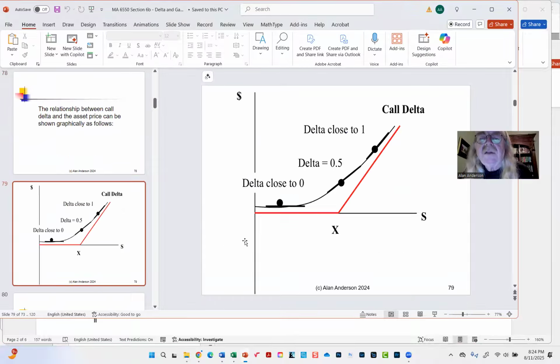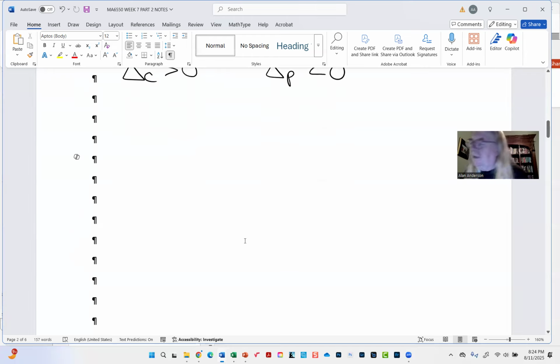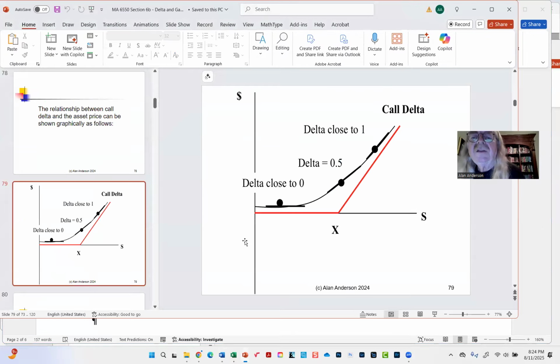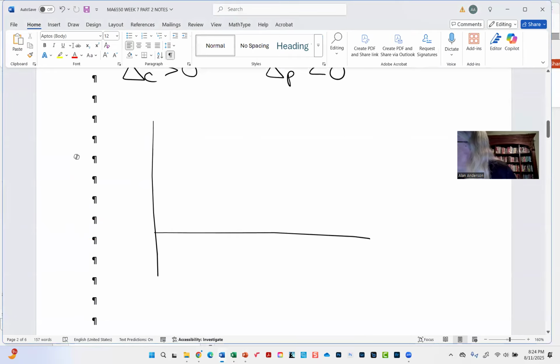Now let's take a look at this graph. Let me just sketch it out on here for you real fast. This is the payoff to the call option. We can do this with either the payoffs or the profits and losses.